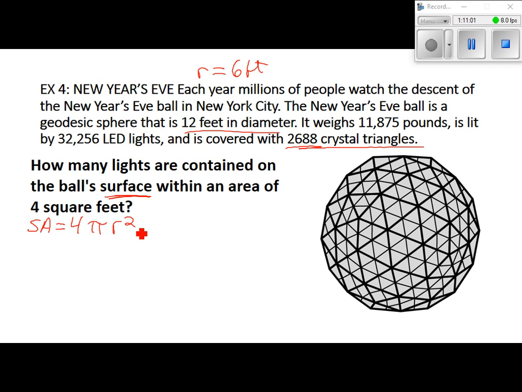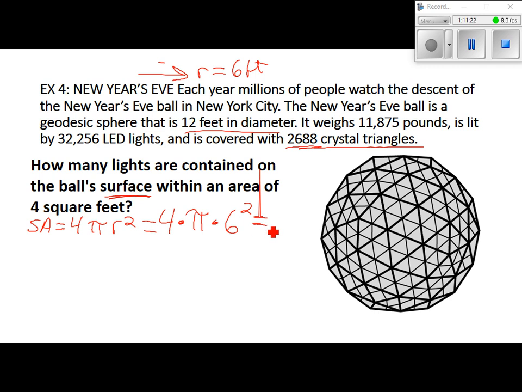Well, we know what radius is. We found it. They told us the diameter, and we just cut that in half to get the radius. So the surface area of the whole sphere, the whole ball, is 4 times pi times 6 squared. And I'm just going to plug all that into my calculator.